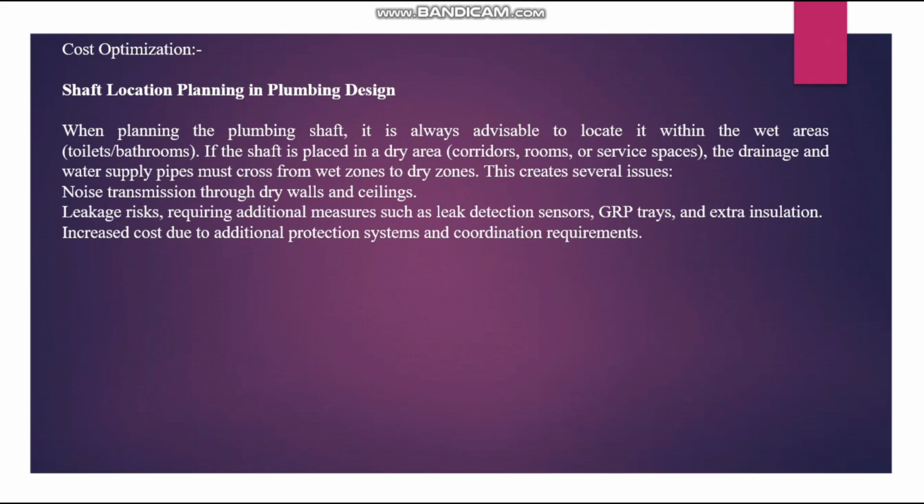Now we are into the final rule of our drainage section design. Then in the next video we will see one real case study, like how we do the pipe sizing, different pipe sizing. So for example, we have an apartment like this, we have the toilet like this.